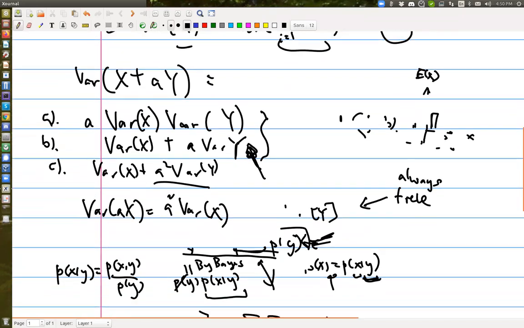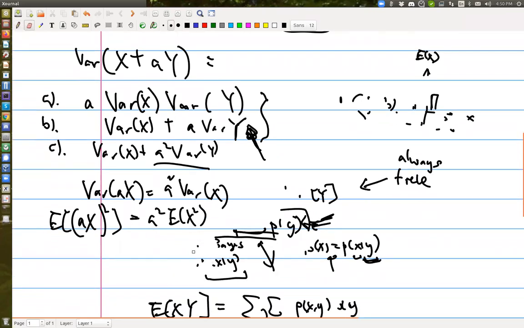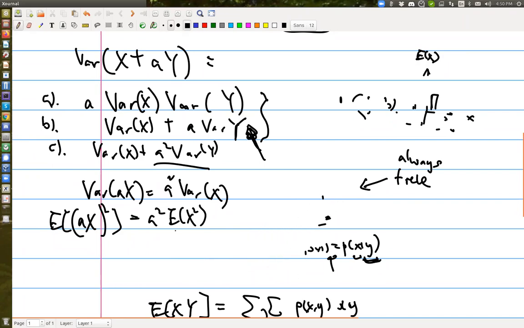It will be a squared, because you can think of what the variance of ax is: the expectation of, let's just assume zero mean, that's easier, this thing squared, which will be a squared. So I have a squared pulled out of the expectation of x squared. Immediately you see it should have a squared here instead of just a.